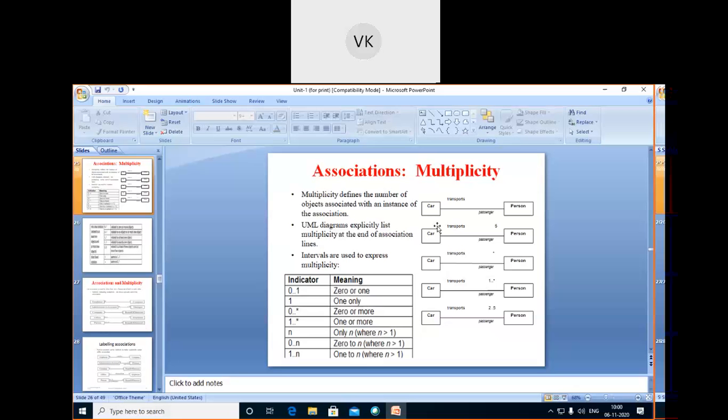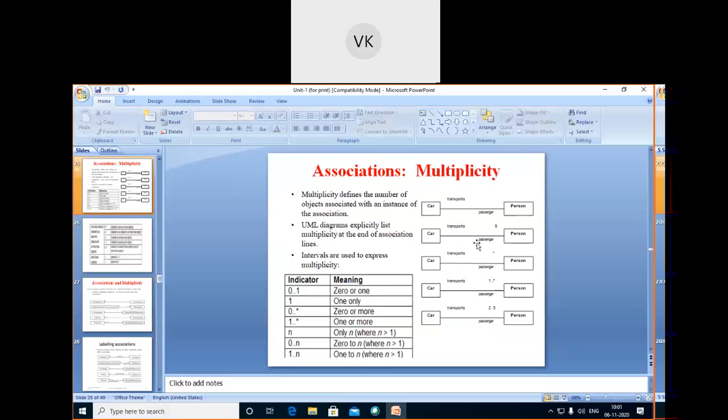Okay, all these things you should remember for writing the multiplicity for the association. Here you see a car. In a car, maximum 5 persons can sit. For this diagram, it describes that in the car 5 persons can sit. Okay, in the third diagram you see here, in the car 0 or any number of persons can sit.